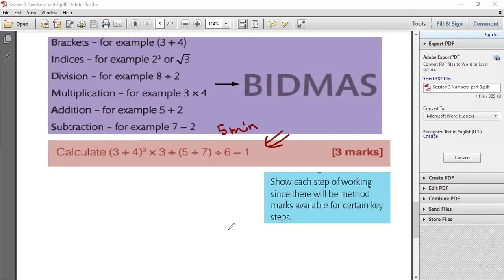Yes, with the bracket here. Okay, then what is the value of it? 49. Yes, 7 squared is 49, multiply 3. And then what is the value of this bracket?